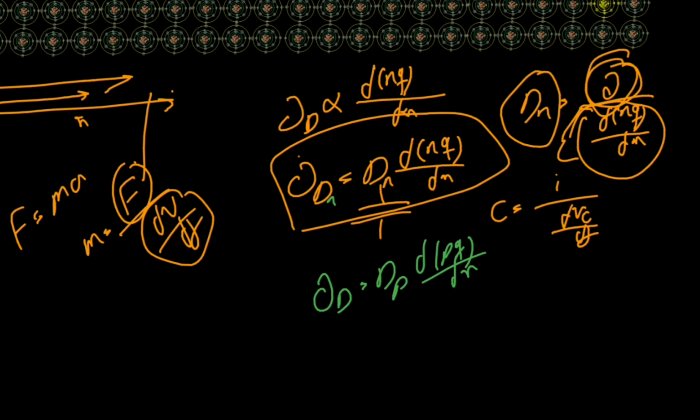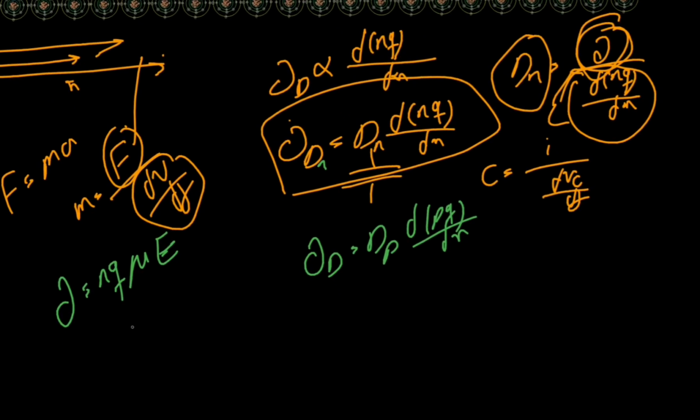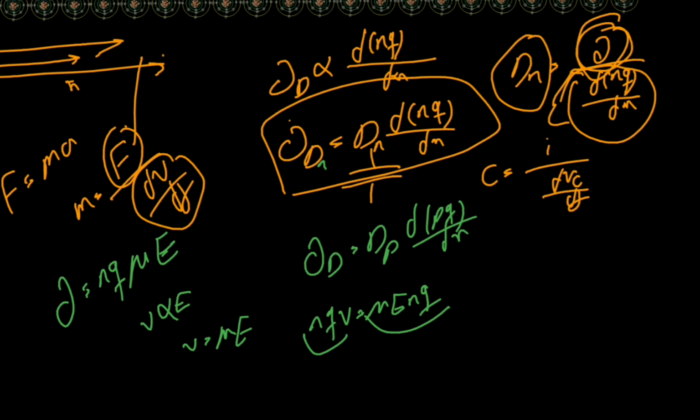That current is because of the electric field, and we know that it is calculated as n q μ E. In the previous lecture, we resulted that by saying that the drift speed has a relation with the electric field, and the proportionality constant we call the mobility. If we multiply both sides by q, which we defined before, this would be the current density, and obviously this side would be the current density as well.